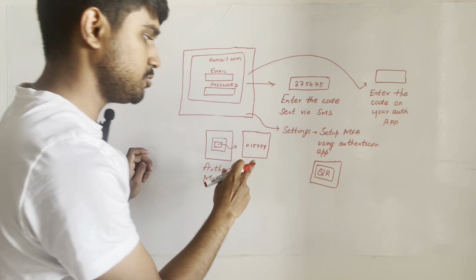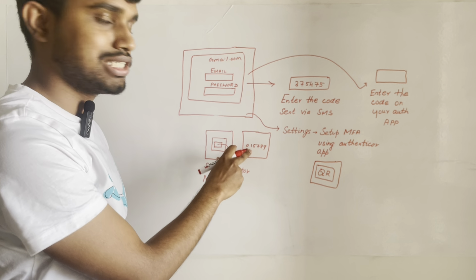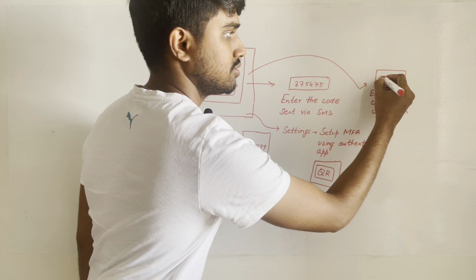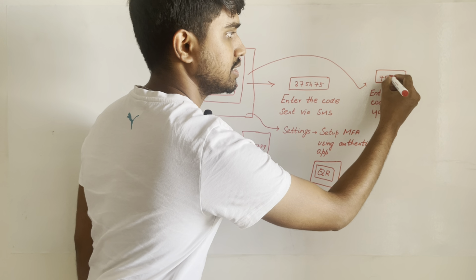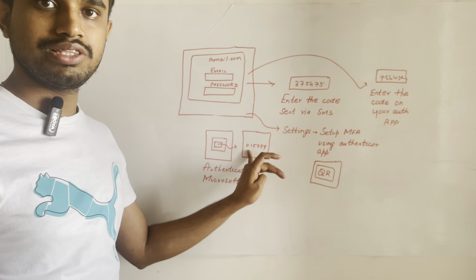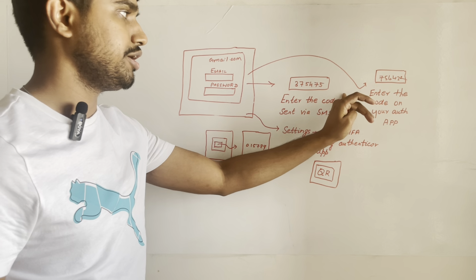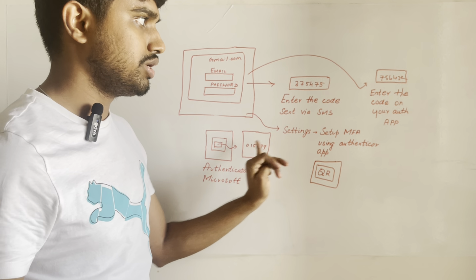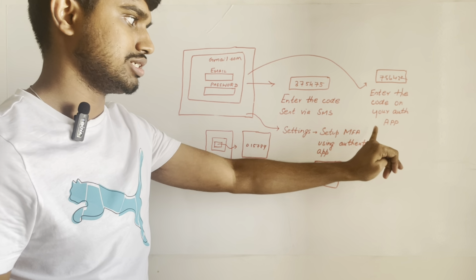So basically you need to check at that particular time what 6 numbers are there, and then just put it here. 7 5 6 4 3 2. This changes every 30 seconds. So whenever you log in using email and password, you go into your Authenticator app, check the number and then enter it, and it logs in.